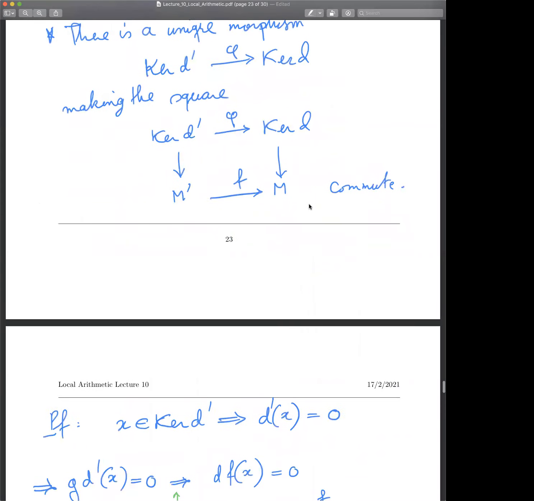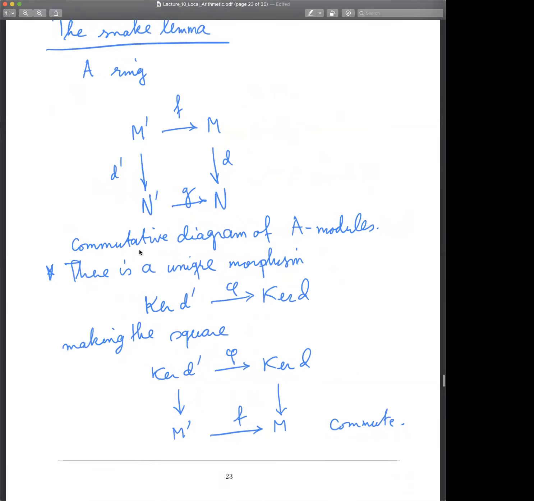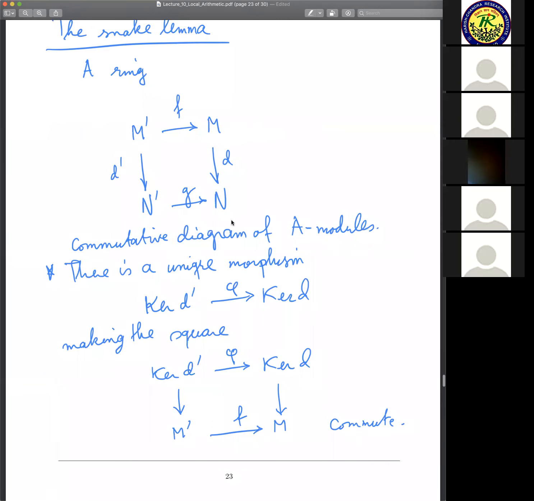So in this square, the co-kernel should be written here, and the co-kernel of this should be written somewhere here. Then I'm saying that there's a map from the co-kernel of this to the co-kernel of this, which makes this imaginary square, which I've not drawn, commute.